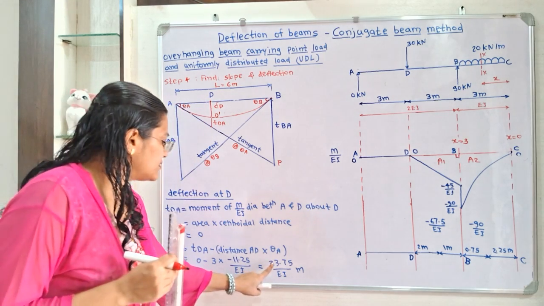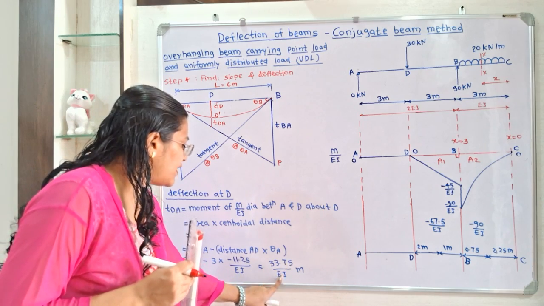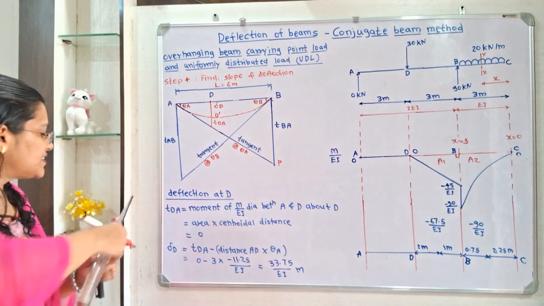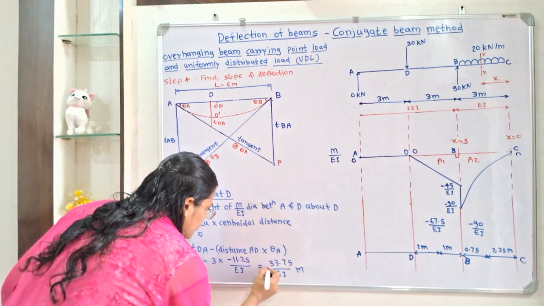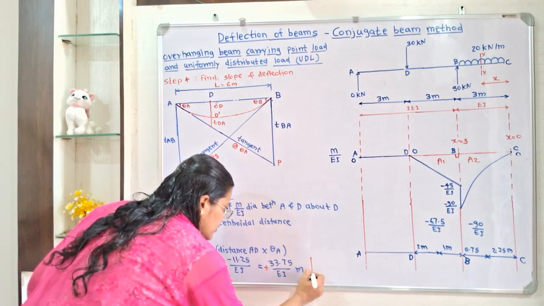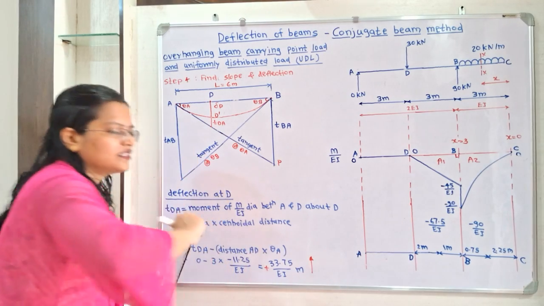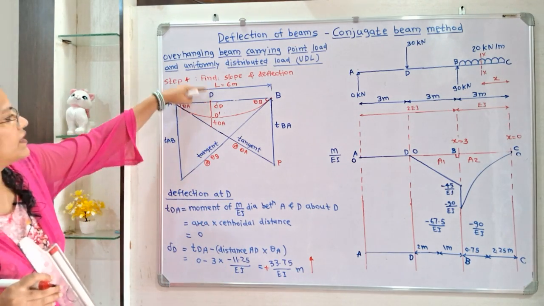So we will get the answer 33.75 by EI meter. So this is the positive value. Its unit is meter. Because of the positive value, we can say that this deflection is in the upward direction.